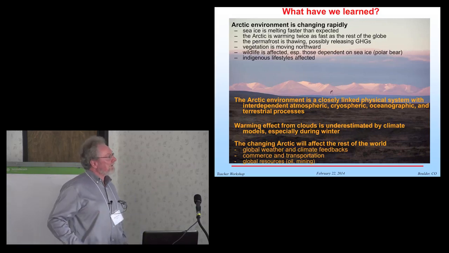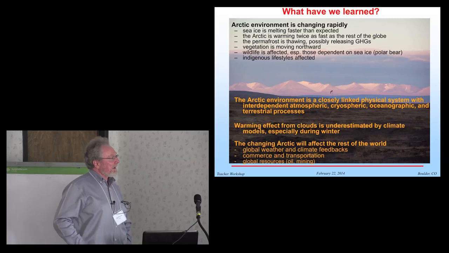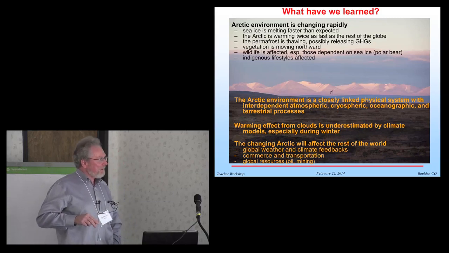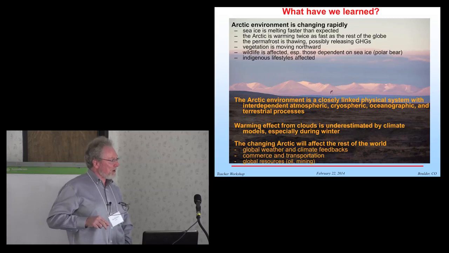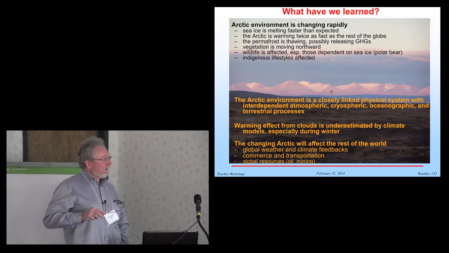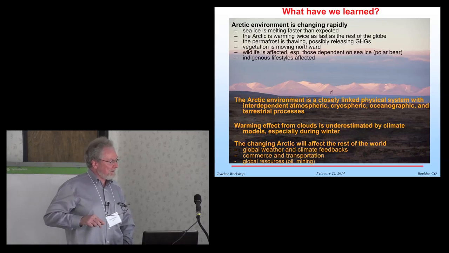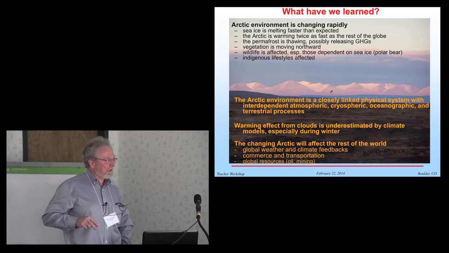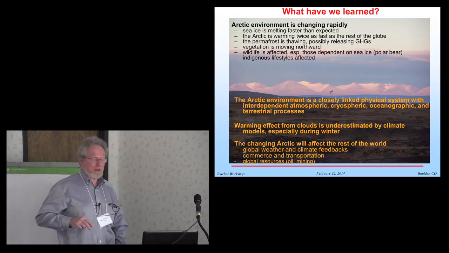So this is basically, in summary, just a pretty shot of the mountains off in the distance at Eureka, but repeating some of what I've already said. The changes in the Arctic and some of the key things that we've learned: the Arctic environment is a closely linked physical system with interdependent atmospheric, cryospheric, oceanographic, and terrestrial processes.